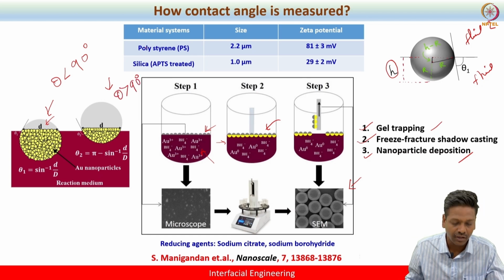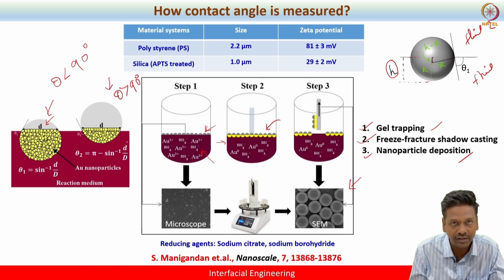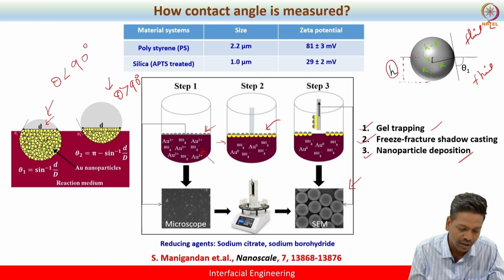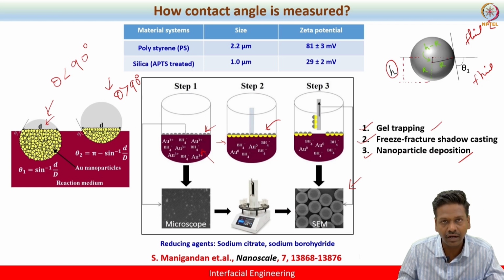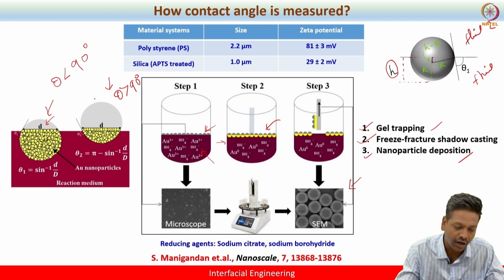In this case, because a very small part is exposed to water side, deposition will occur only on that surface, correct? So when we visualize them under scanning electron microscopy, we will not be able to see from the top very easily, because this nanoparticle will be depositing on the lower part of the particle surface.